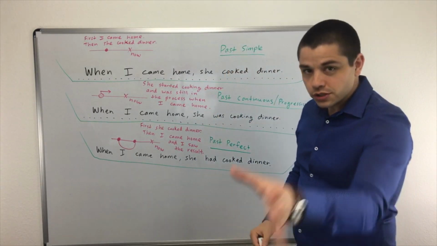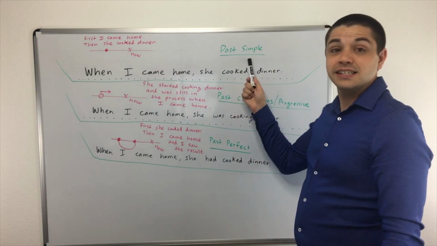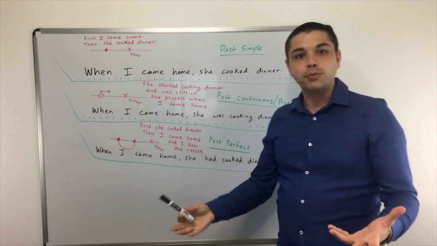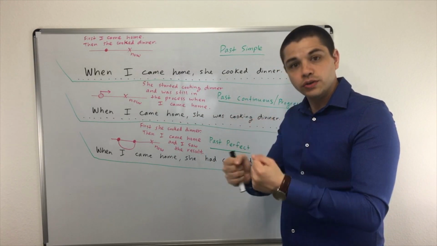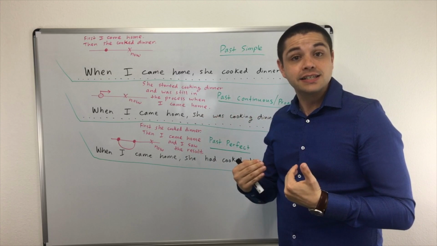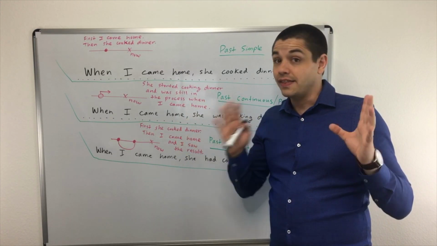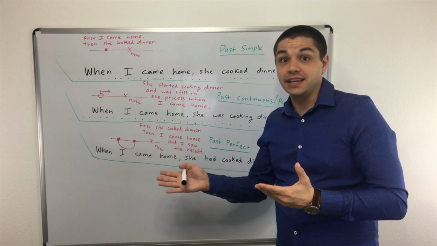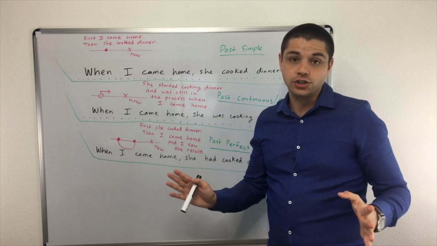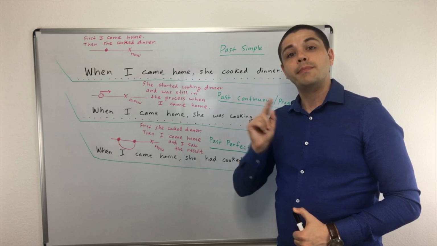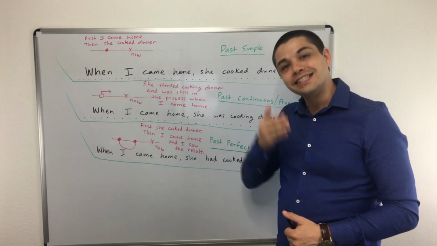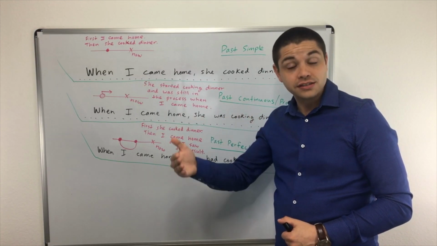Okay, so first of all, let's talk about past simple. Past simple is used when we have a concrete time in the past and an action that is completely finished. And that means that it won't happen again. It's completely finished. But we can also use past simple to talk about consecutive actions.